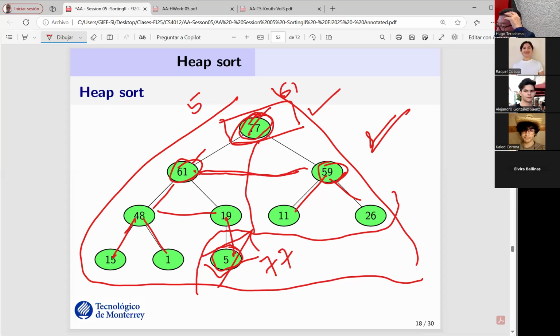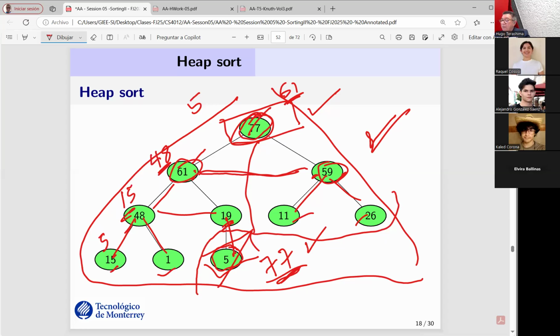But before I do that, 48 is going to go up here. 5 is here, but before I do that, I compare against the elements in the next level. So 15 is going to be here and 5 is going to be here. Is that a heap? 61 root, 48 here, 59, 15, 19, 11, 26, 5, 1. And here I have 77, which is already in the right position, right?